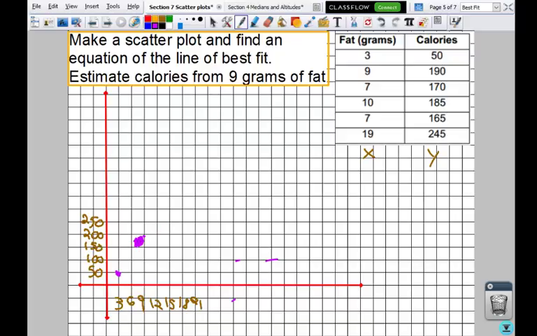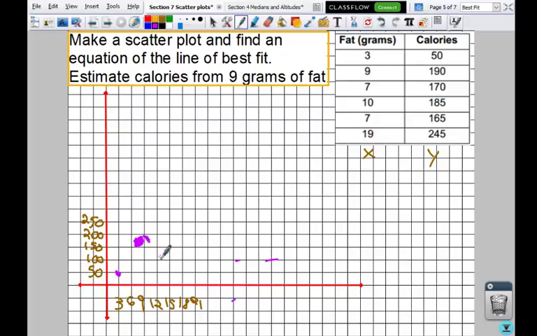All right, do our next one. 10, 185. Yep, 10, 185. There you go.